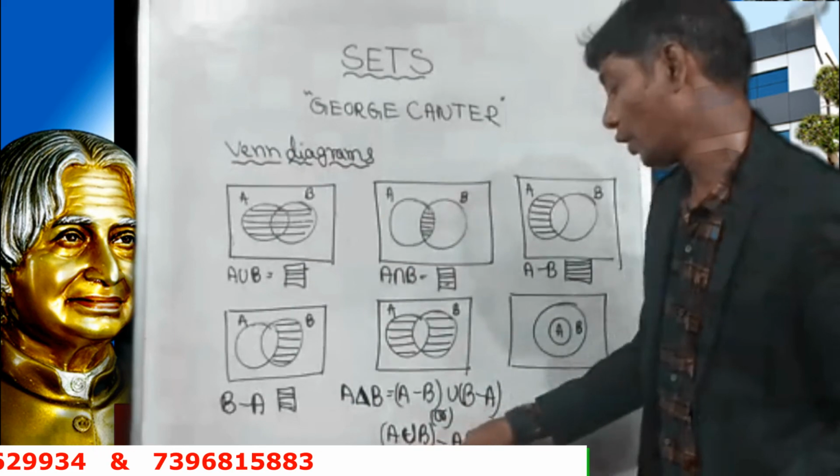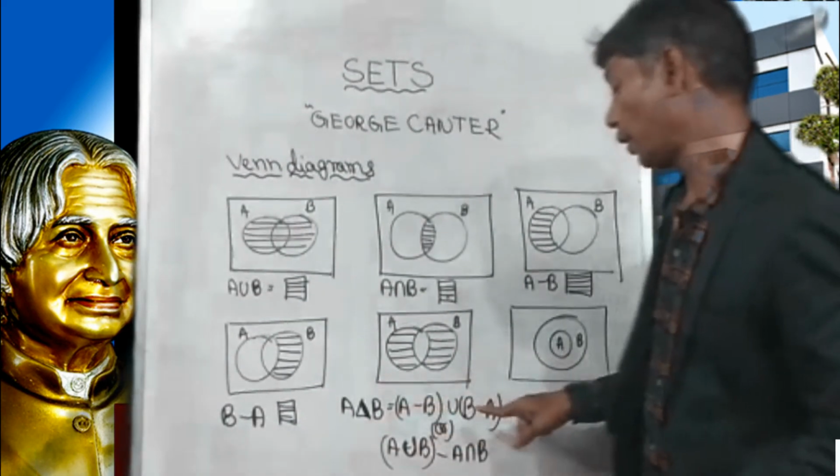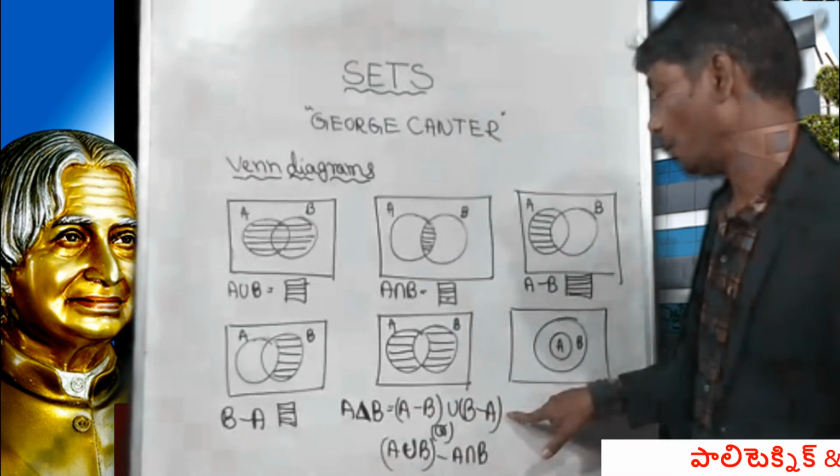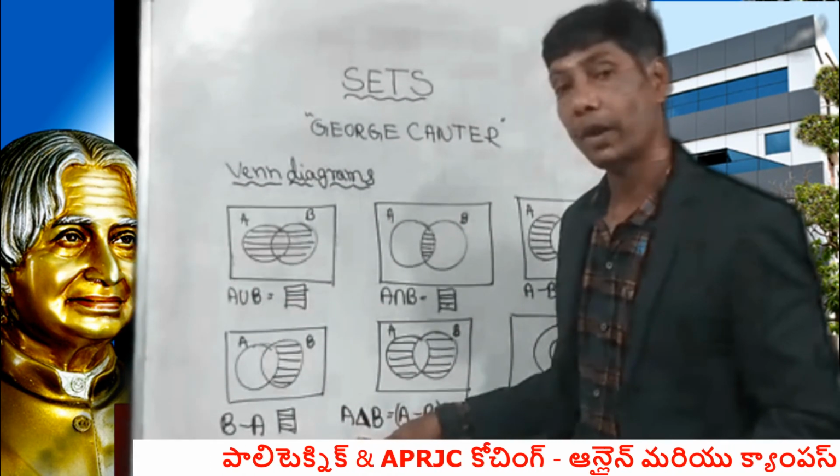That means A union B minus A intersection B is also called A delta B. In the same way, A minus B union B minus A is also called A delta B. This is a very important formula.